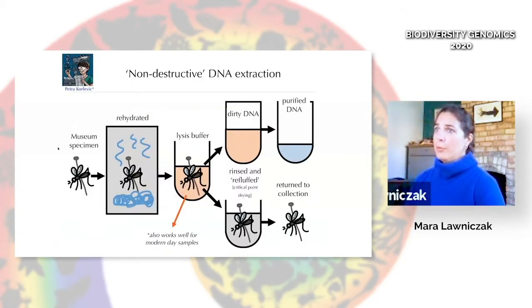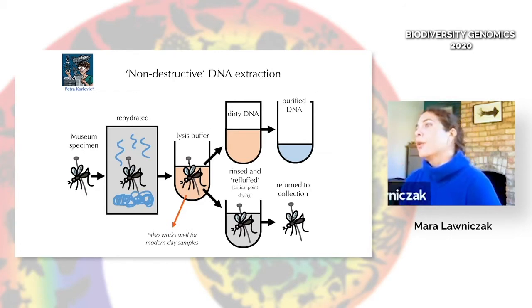So Petra in my group has been working, and I have an asterisk here to note that she's done all these drawings. She's been working to develop a protocol with the museum where we can non-destructively extract the DNA from these specimens, because of course these are precious collections that the museum is totally not interested in having us destroy. And so she's worked out a protocol that we think is going pretty well, where we take the mosquitoes, we put them in a box with some water basically to rehydrate them so they're not quite so dry and crumbly.